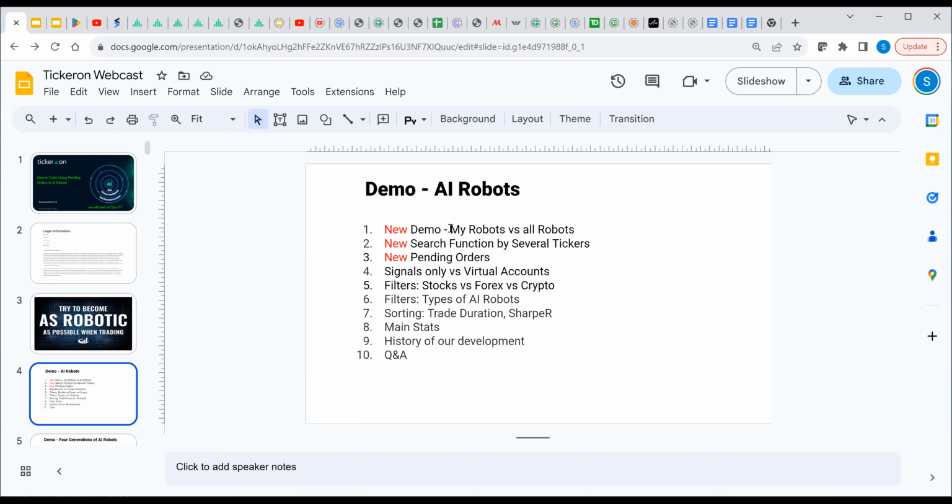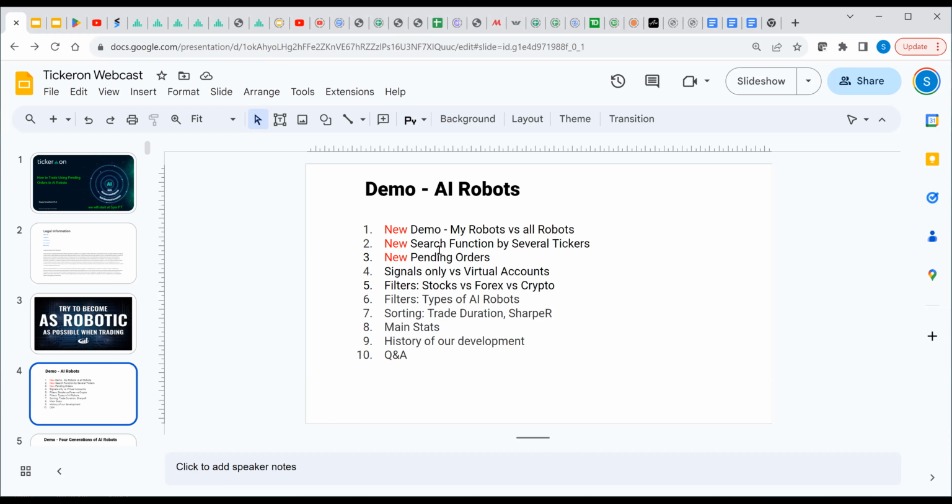So we simplified the way we claim the robots as my robots, meaning, okay, there are different ways to do that, and we have a special place to collect all of them. And I will show you how it works, and all kinds of really good buttons.